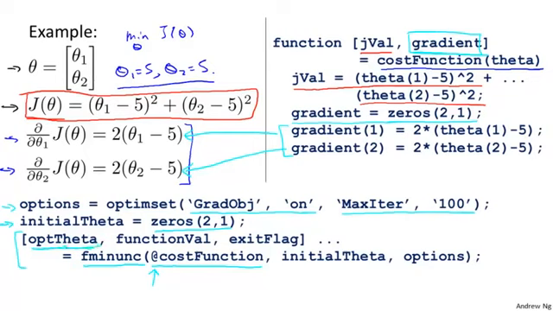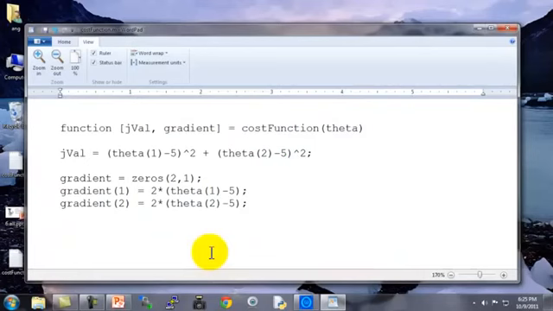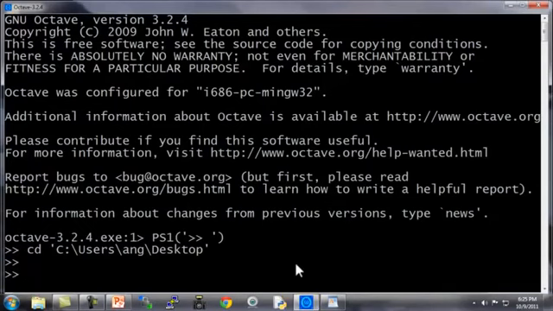Let me actually show you what this looks like in Octave. So I've written this cost function of theta function exactly as we had it on the previous slide. It computes jVal, which is the cost function, and it computes the gradient, with the two elements being the partial derivatives of the cost function with respect to the two parameters theta 1 and theta 2. Now let's switch to my Octave window. I'm going to type in those commands I had just now.